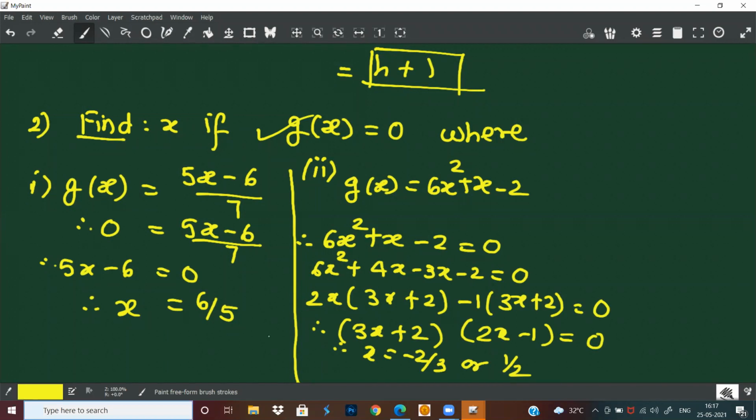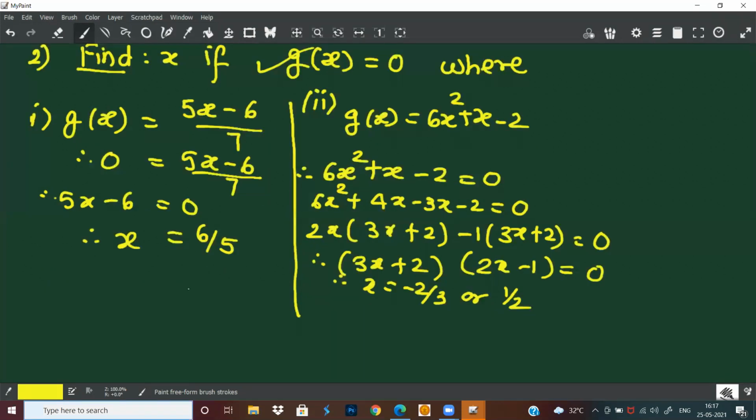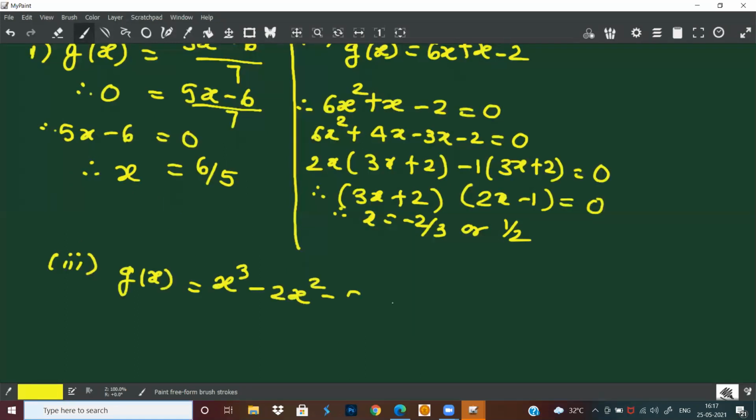और एक दे दो g of x. Will you try? You know how to factorize this, no?